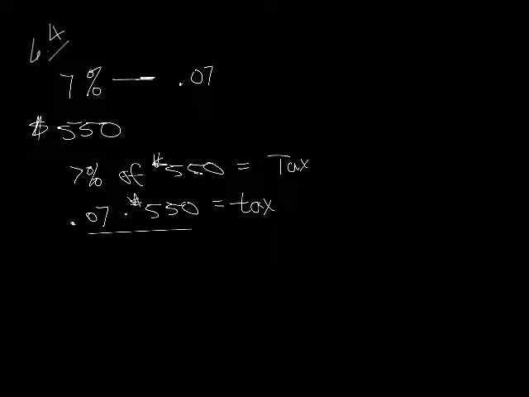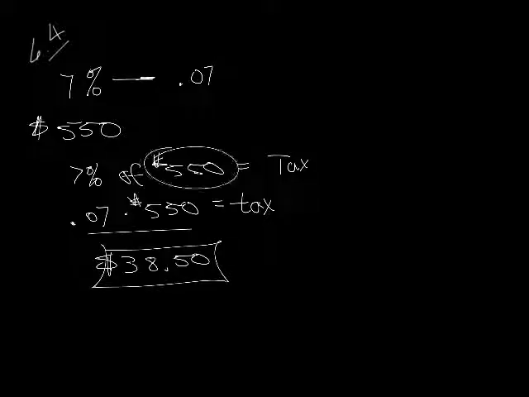So we multiply 0.07 times 550 and get $38.50. So that's how much we're paying in sales tax. So then when we buy the refrigerator, we're going to pay the 550 plus the $38.50 in sales tax.